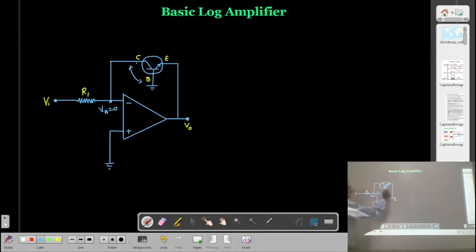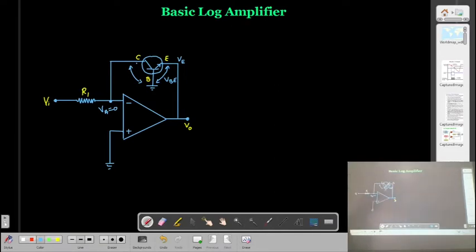Now if you see the base to emitter voltage, this is my base to emitter voltage VBE. But the base voltage is 0, so the VBE voltage we can write as the VE voltage. So the potential at this point is VE, and here we have the output voltage VO.